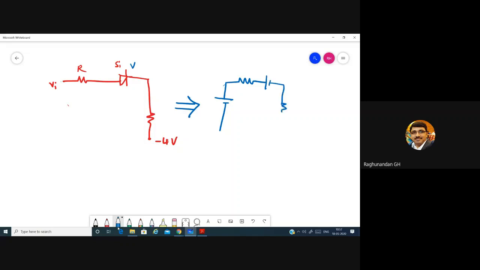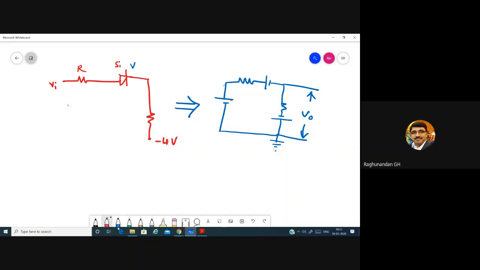After that, a resistor. Since they are showing minus, make this minus, this positive, and after that both these terminals will go to ground. And after that, take the output voltage.